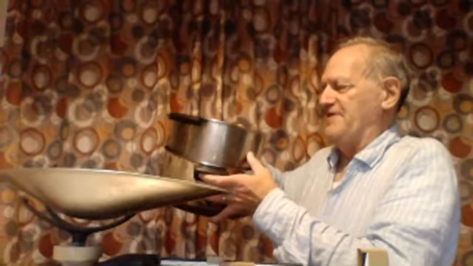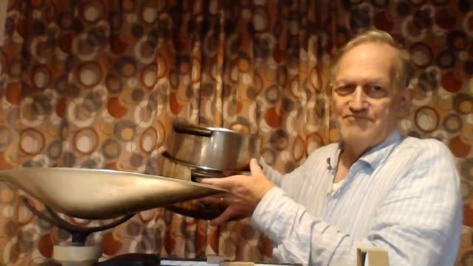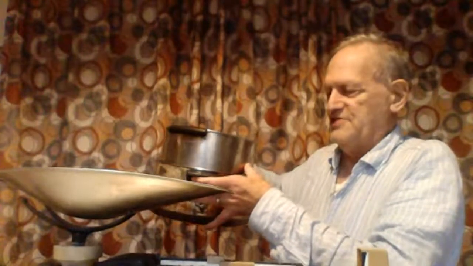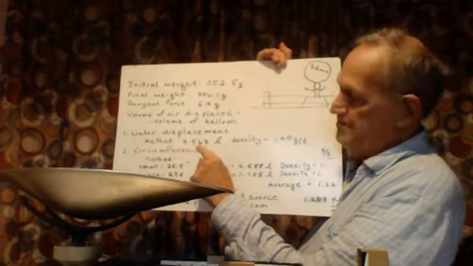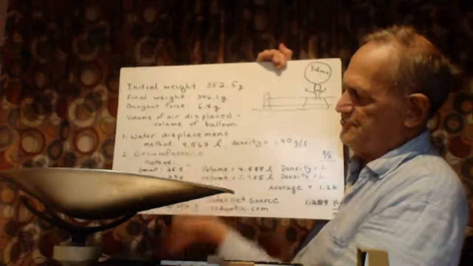But bit by bit, I did it, and then put the overflow in different pots and collected it, and then measured it with this measuring cup here and with this graduated cylinder for smaller amounts. Okay, so using that method, we arrived at a figure of 4.563 liters.